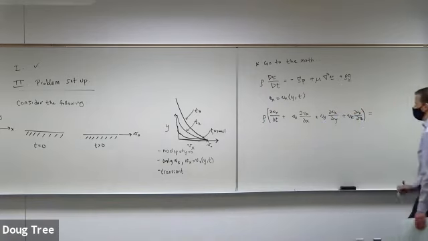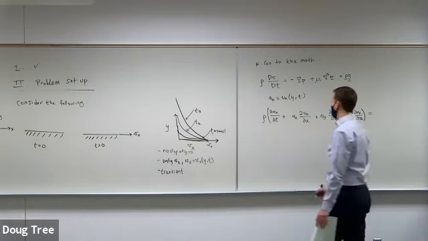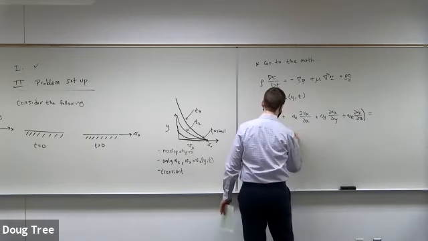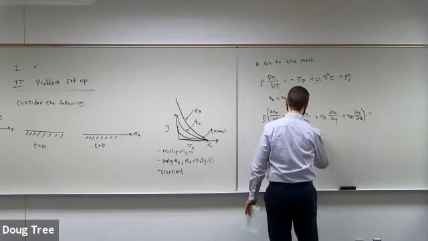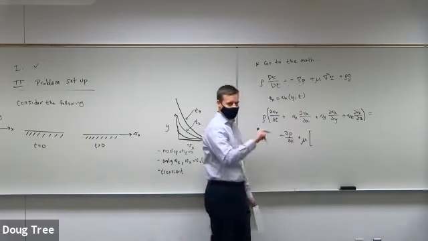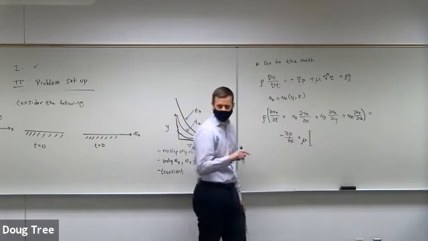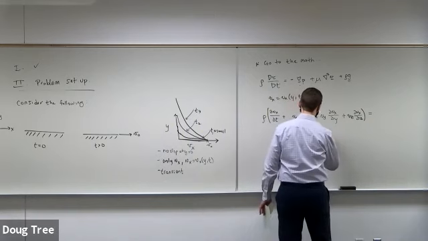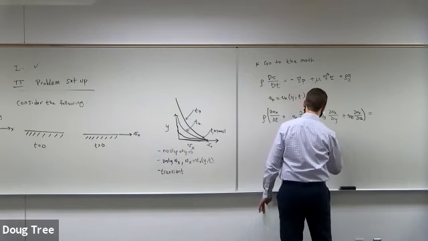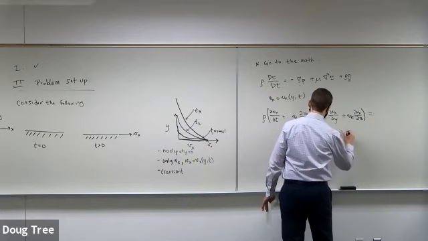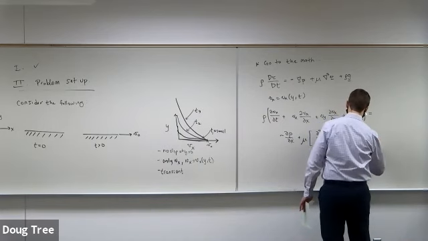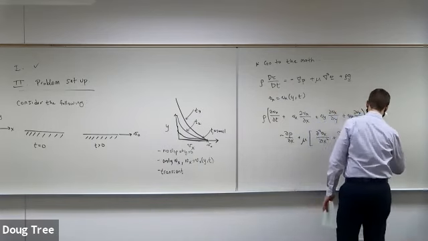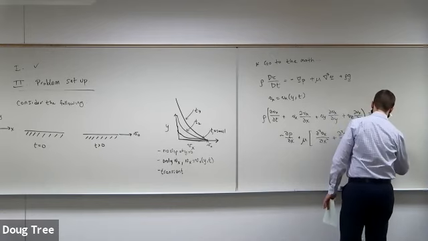That's that side. Then the x derivative of the pressure, minus dp/dx, plus mu times grad squared vx only. So this should be the second derivative of vx with respect to x squared plus the second derivative with respect to y squared plus the second derivative with respect to z squared, plus rho gx.